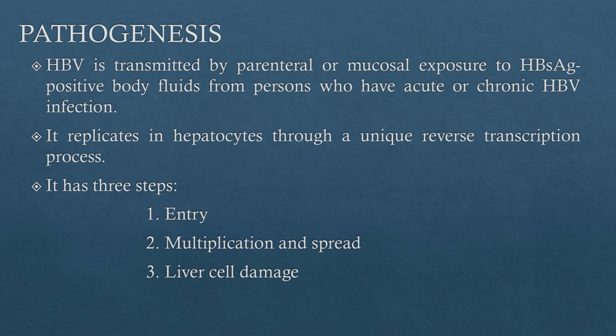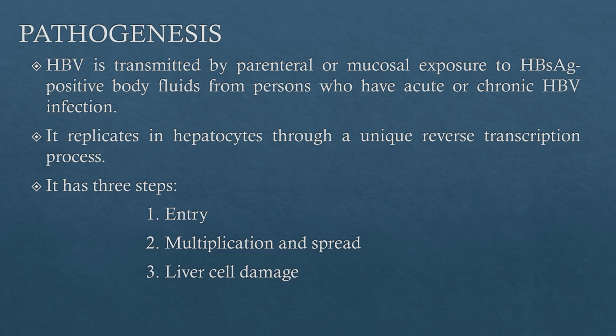Pathogenesis. The hepatitis B virus is transmitted by parenteral or mucosal exposure to HBs antigen positive body fluids from persons who have acute or chronic hepatitis B virus infection. It replicates in hepatocytes through a unique reverse transcription process.